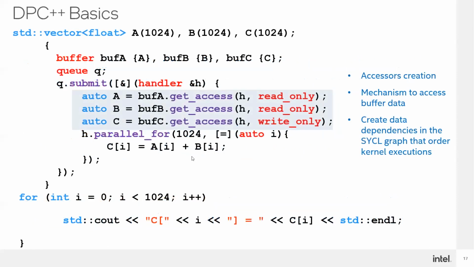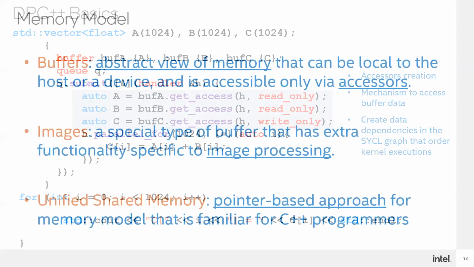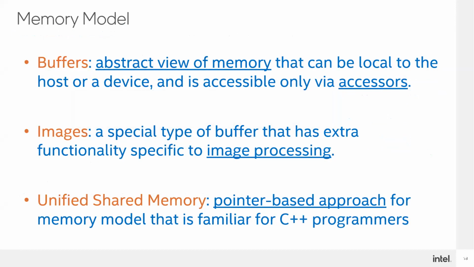Let's now talk a bit more on that. In accordance with the SYCL 2020 standard, there are two main approaches. One is the buffers approach, where you use the abstraction of the buffer, wrapping your initial data in one more layer of abstraction.